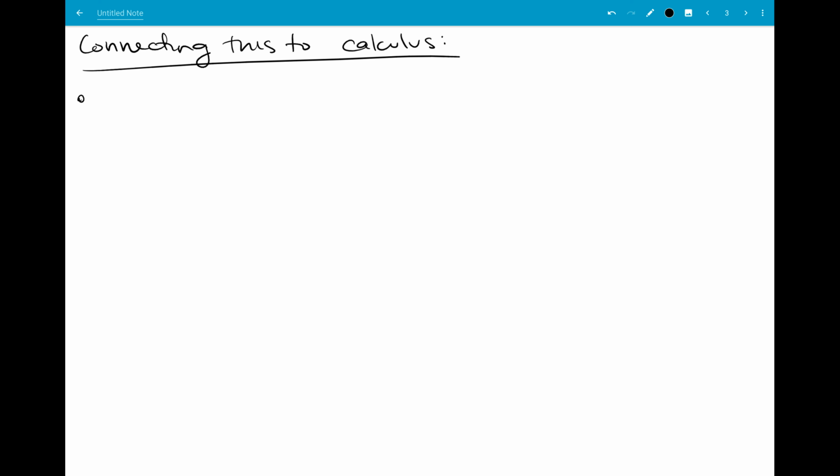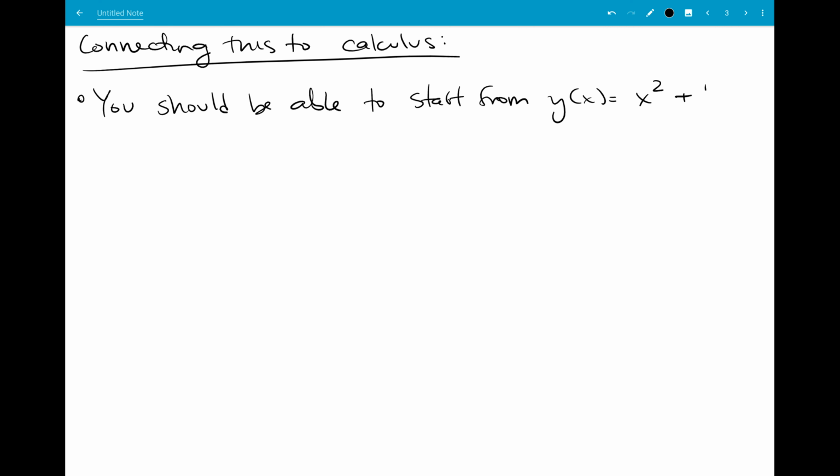So in any calculus class, you would have learned that you can take derivatives. So you should be able to start from y equal to x squared plus 1 and find the derivative, y prime of x equal to 2x plus 0.